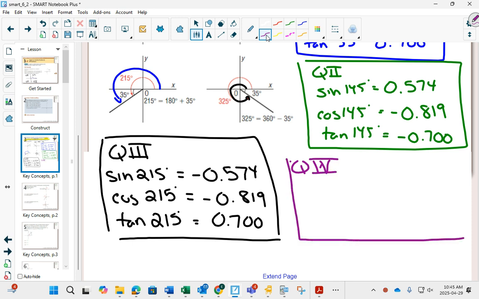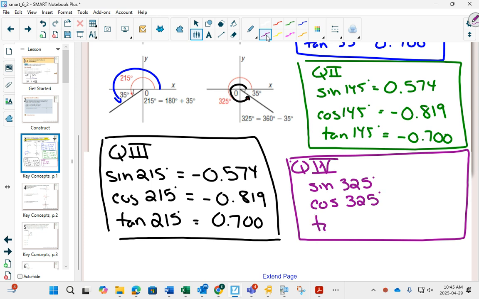Quadrant 4. Now we're going to do sine of 325 degrees. Cos of 325 degrees. And tan of 325 degrees.